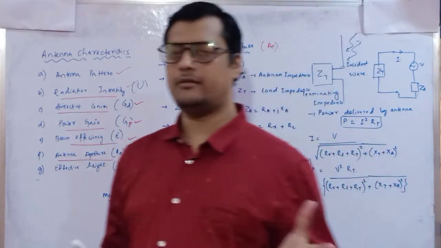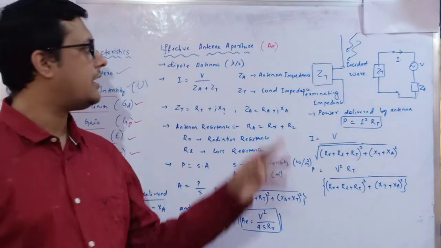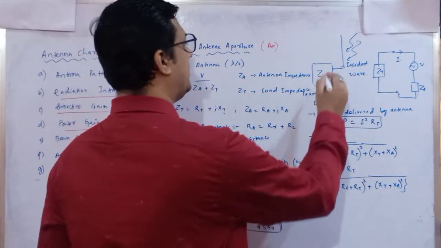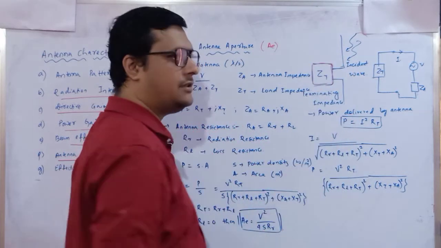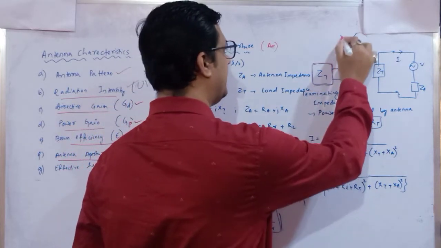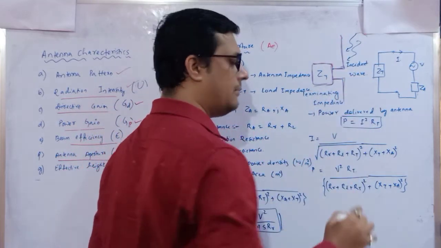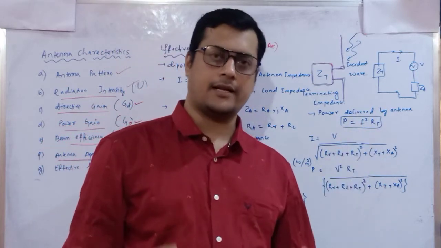But first of all, we need to understand how these energies are going to be converted. Here I have drawn a diagram. It is a system with an impedance ZT, the load impedance, and this is the radiating element. This radiating element also receives the electromagnetic wave.